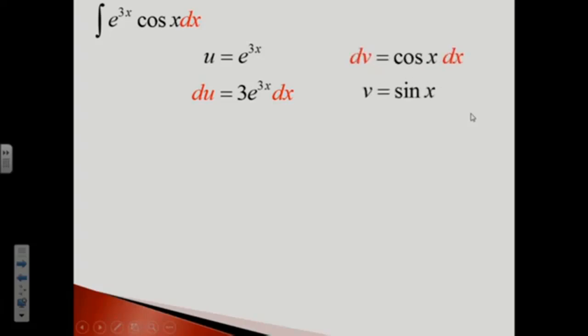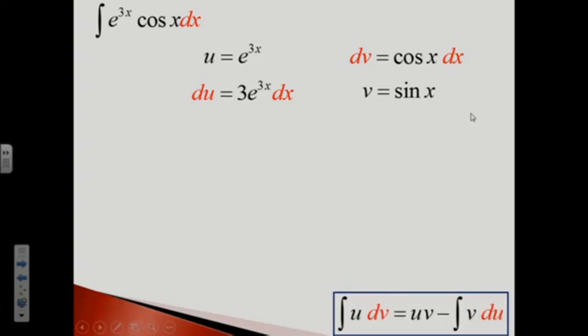The other part is dv equals cosine x dx, so v is sine x. The initial integral is the difference between exponential 3x sine x and the integral of 3 exponential 3x sine x.